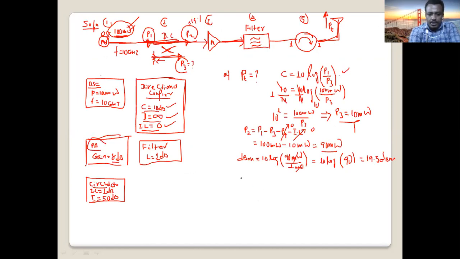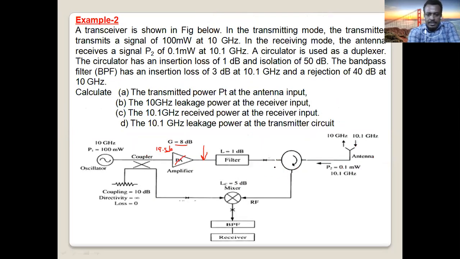So we have 19.5 dBm minus or plus? Plus 8. Why do we add? Because it is gain. The amplifier has gain 8 dB.